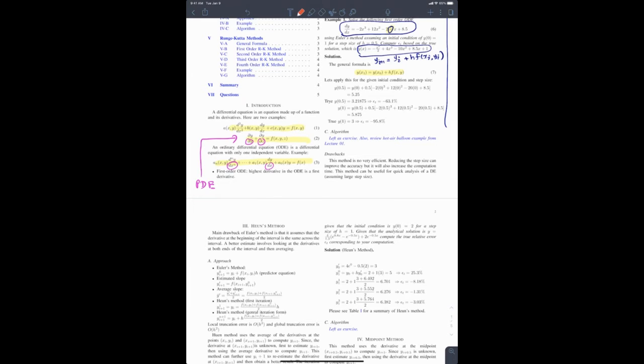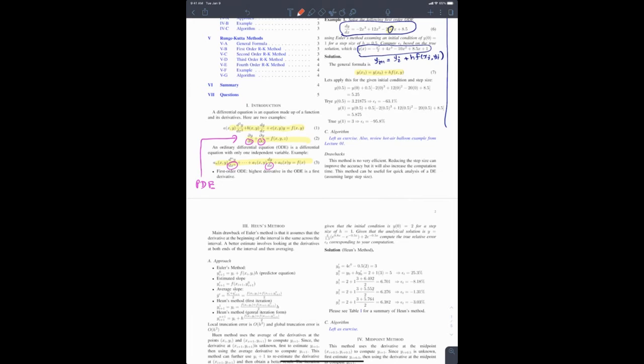Higher order means approximating the second derivative, d squared f(x) by dx squared, or the third derivative. Higher accuracy, even for the first derivative, we can do a higher accuracy version, which we did in differentiation. Same story here.